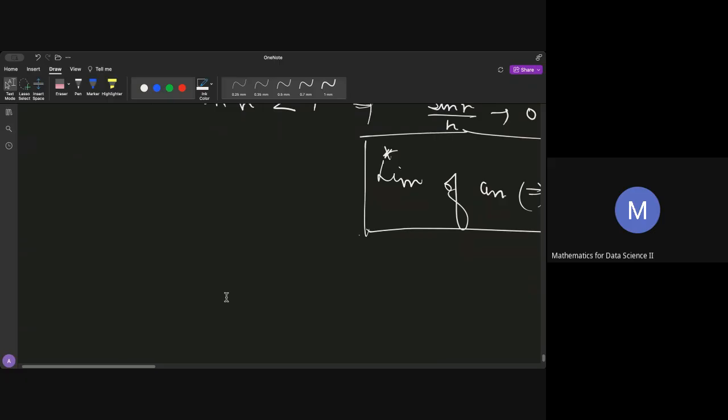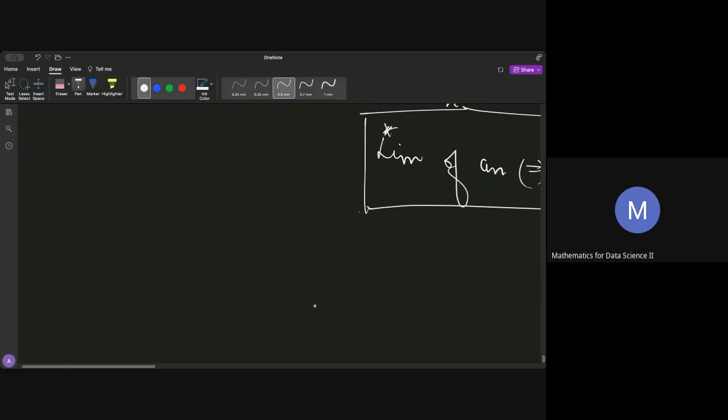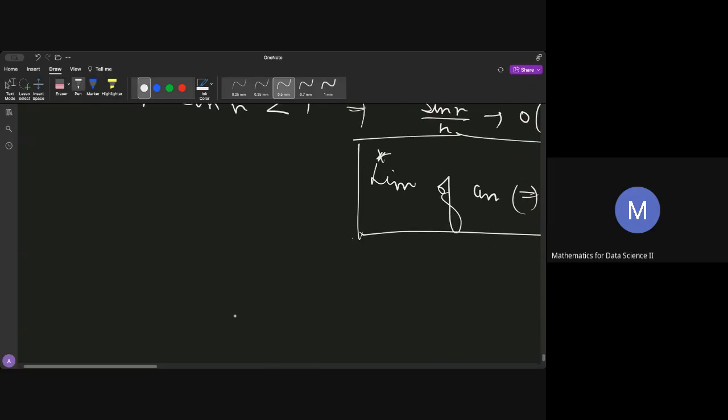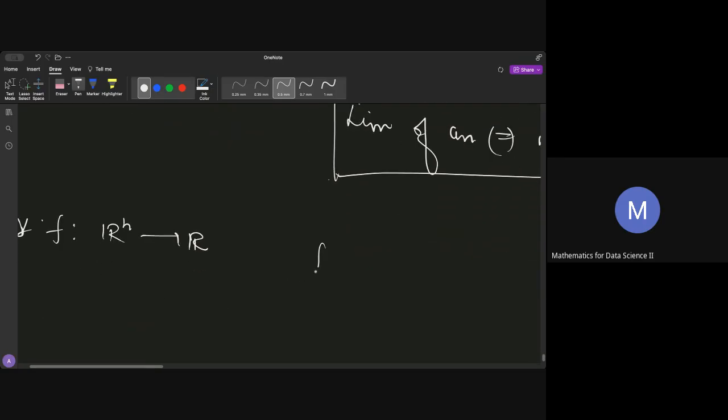Okay, then we'll do, if you have the limit of a scalar valued function, let's say a function from Rn to R, then how do you find the limit of this one? It will be f of x tilde, or we'll come to this one later.